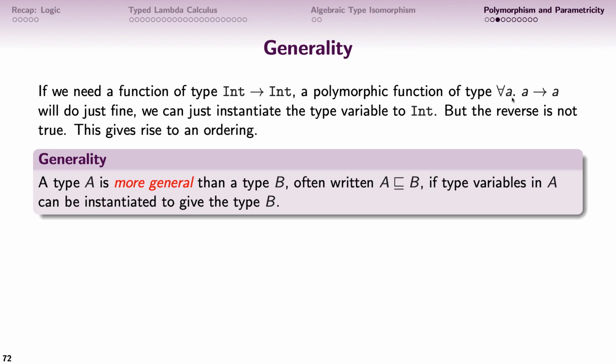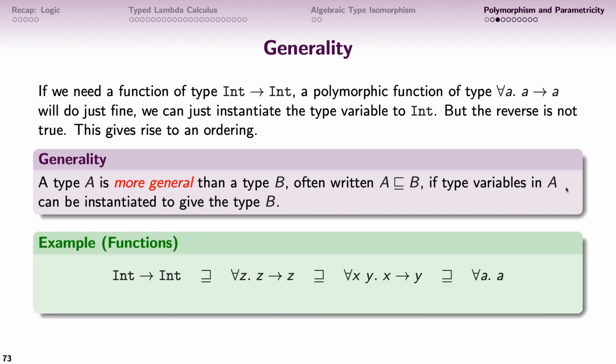So here I can replace the a with Int, and I get the type Int to Int, which means that for all a, a to a is more general than Int to Int. And more generally, I can say this: Int to Int is less general than for all z, z to z, which is just a to a. I could instantiate the z to be Int here, and I would get this type.